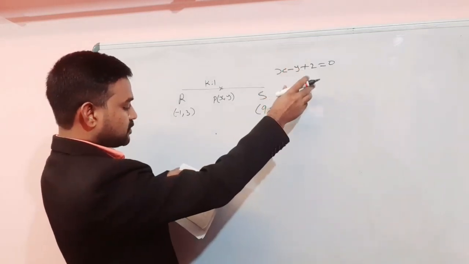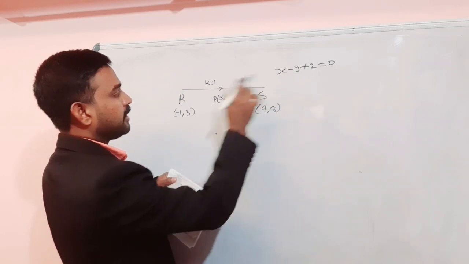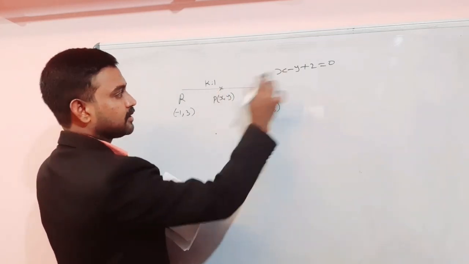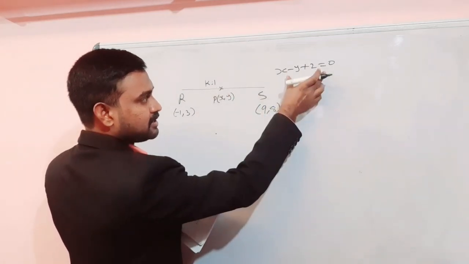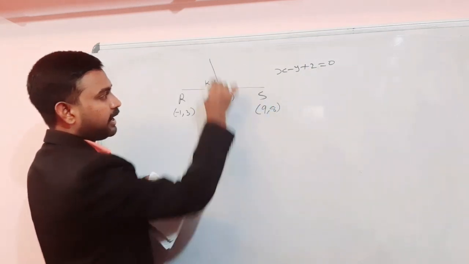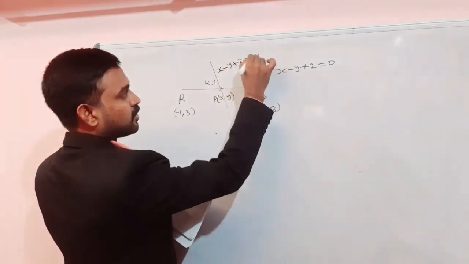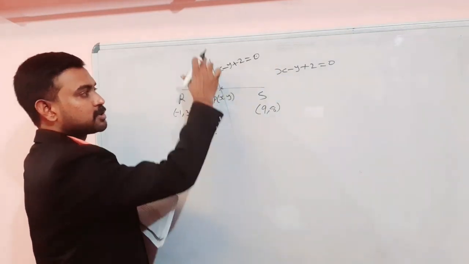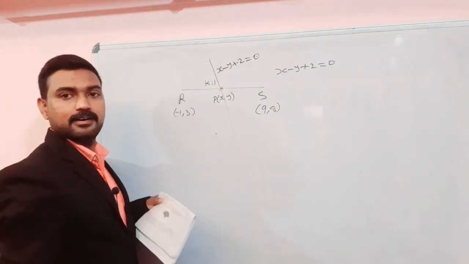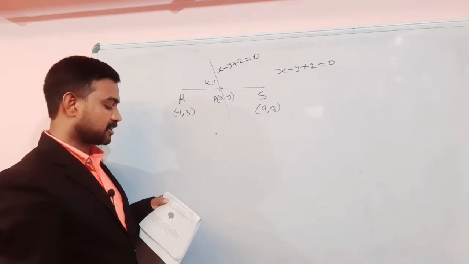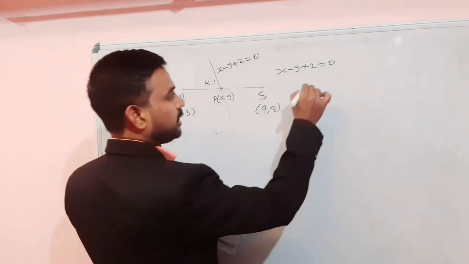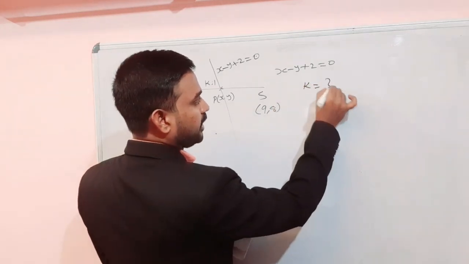This x minus y plus 2 also has this point P. P lies on this line. So we can draw a line and name it x minus y plus 2 is equal to 0. This point P is also a point on this line. Now the question: find the value of k. We need to find the value of k.